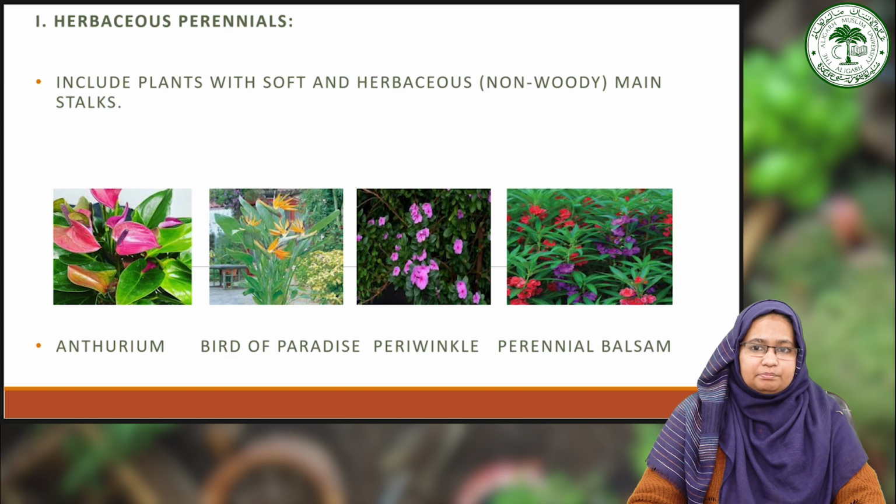These include plants with a soft and herbaceous, that is non-woody, main stalk, like anthurium, bird of paradise, periwinkle, perennial balsam and sweet violet, viola, geranium. All these are examples of herbaceous perennials.